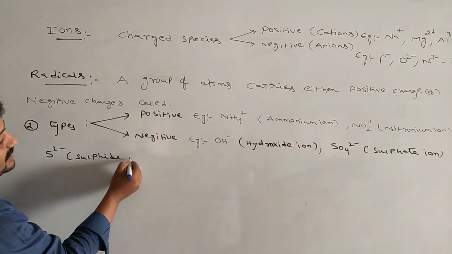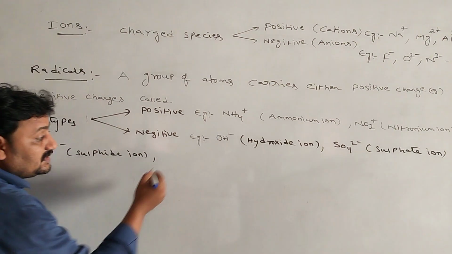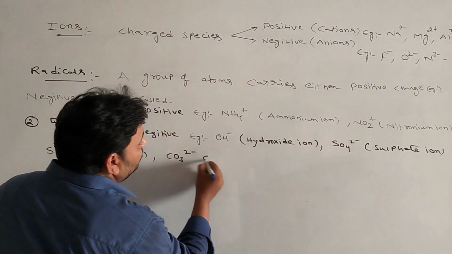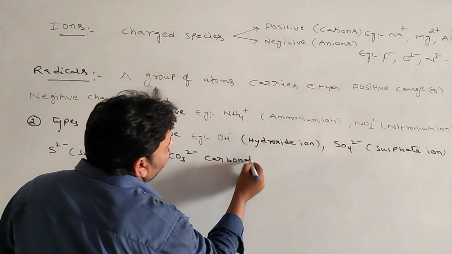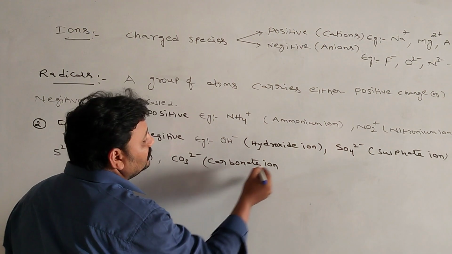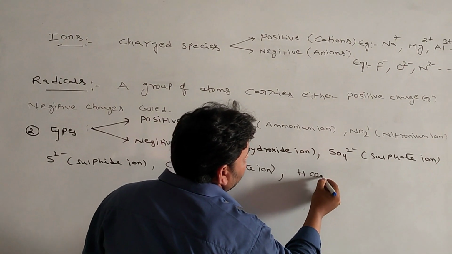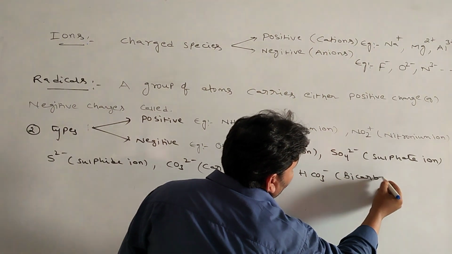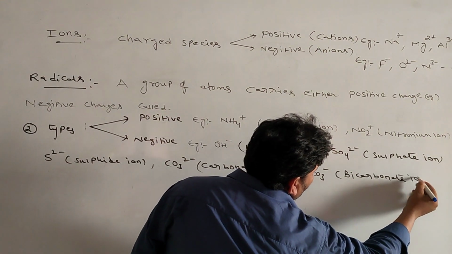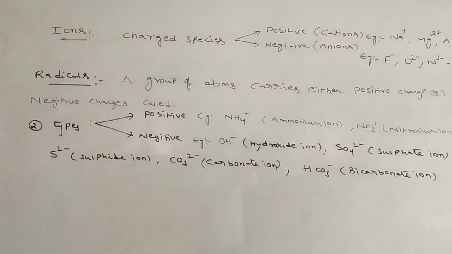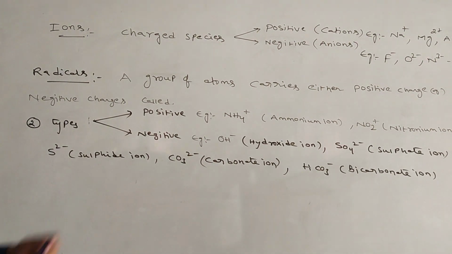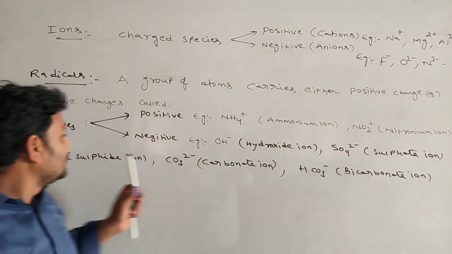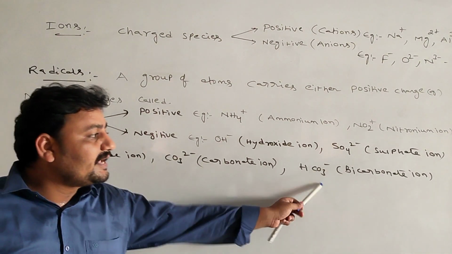CO3 2 minus means carbonate ion. HCO3 minus means bicarbonate ion. Different ions are there, but I listed some examples here. So negative radicals: hydroxide ion, sulfate ion, sulfide ion, carbonate ion, bicarbonate ion.